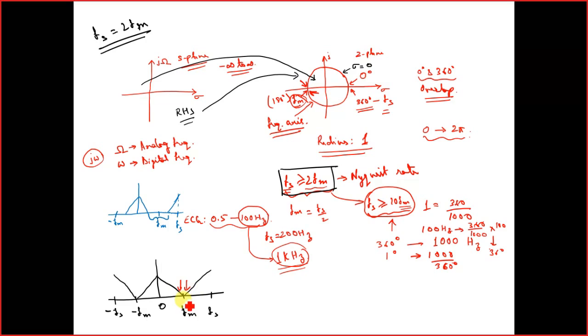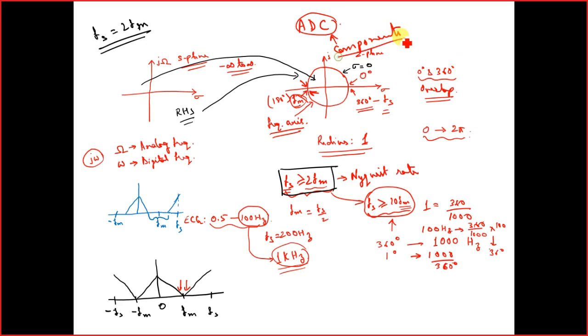Now when we talk about this digitized signal, we need an analog to digital converter, okay. However, the components used to develop this analog to digital converter may be low cost components, and in those low cost analog to digital converters there would be spectral leakage.